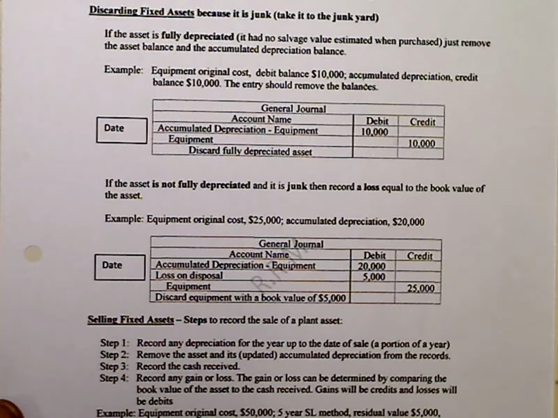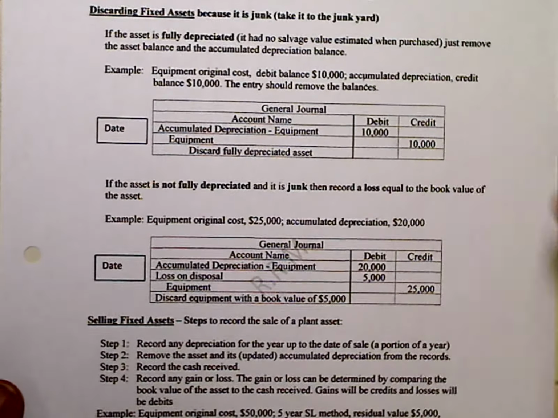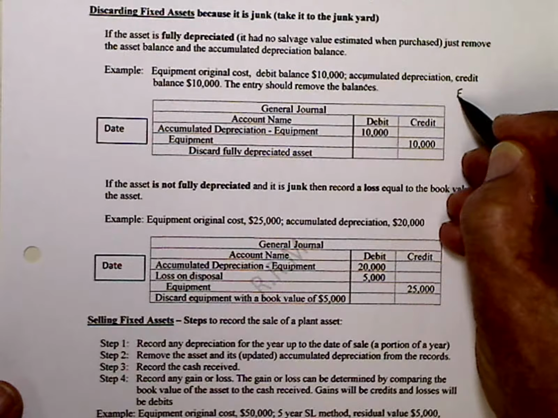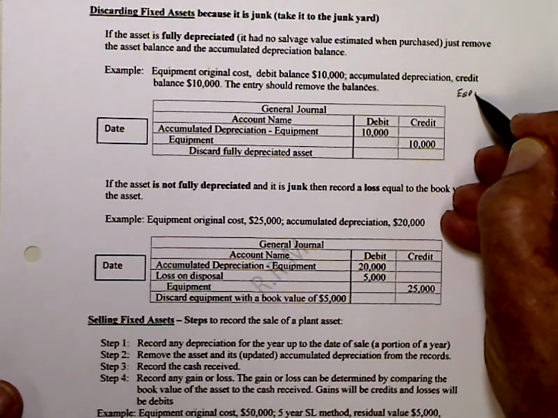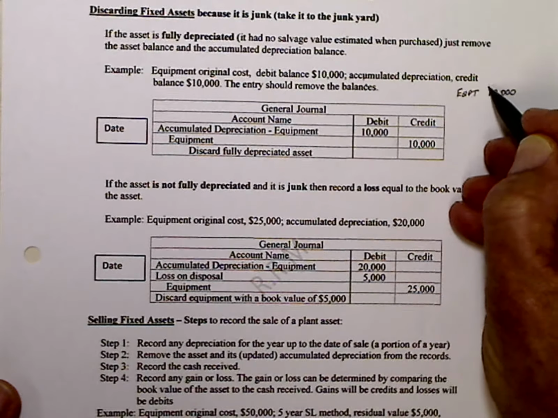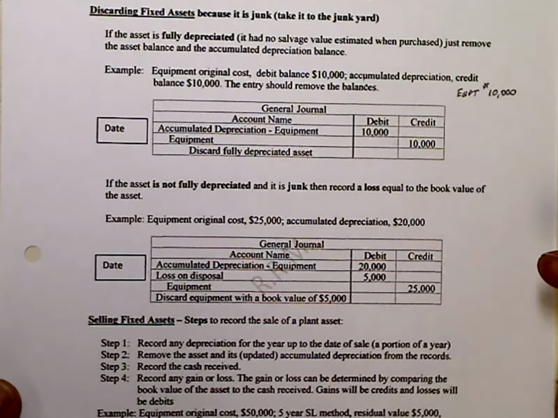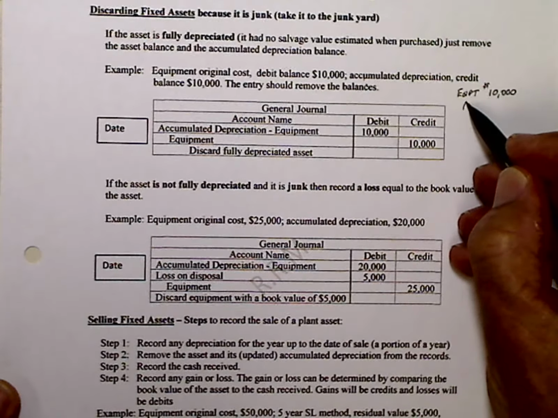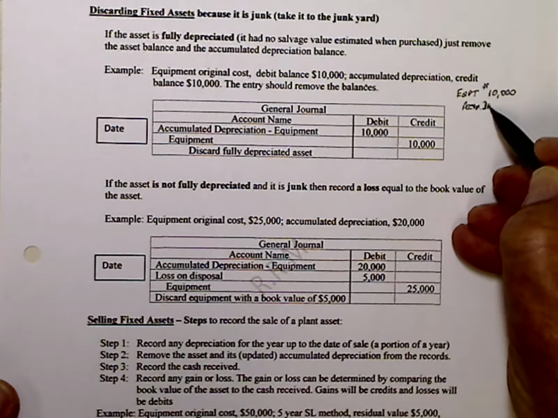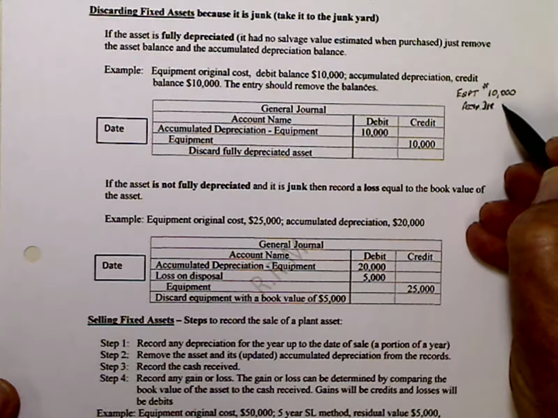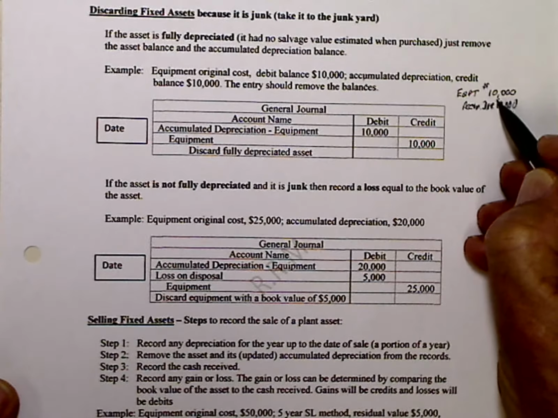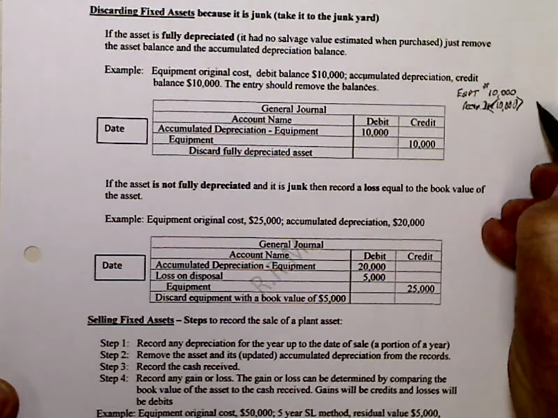So let's just put equipment. Right now, on the balance sheet, here's the asset cost, 10,000, and then I indented a little bit, accumulated depreciation, $10,000, okay? Like this, and it has a zero book value.